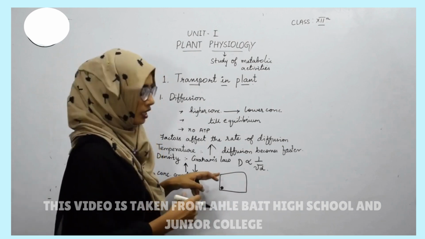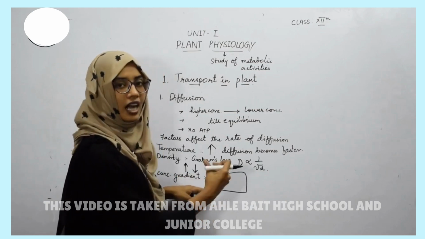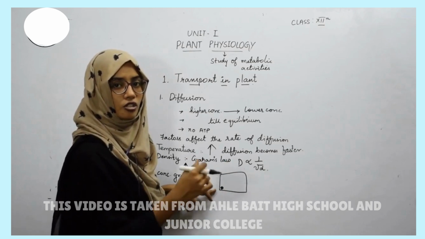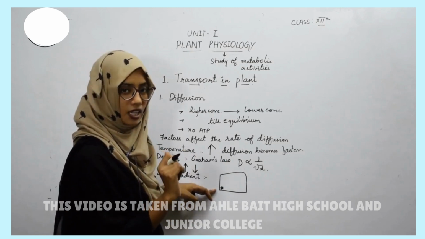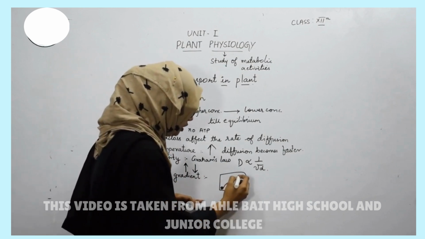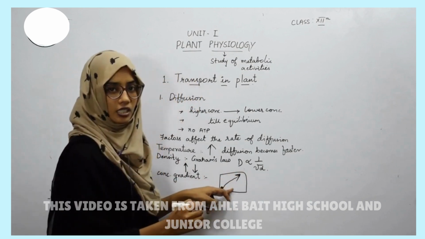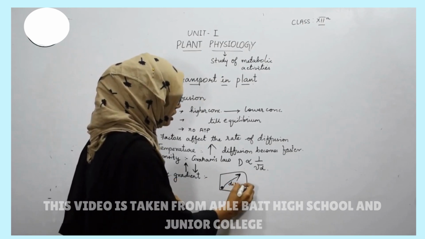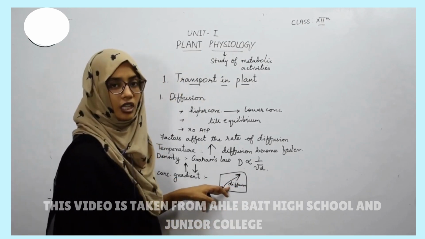So in one corner the higher concentration is present, whereas in the other corners there is no concentration or a lower concentration. In this situation the particles diffuse faster. As the concentration gradient increases, the diffusion will also increase.